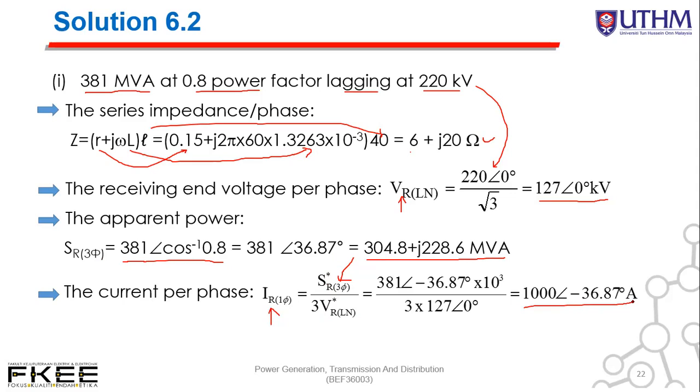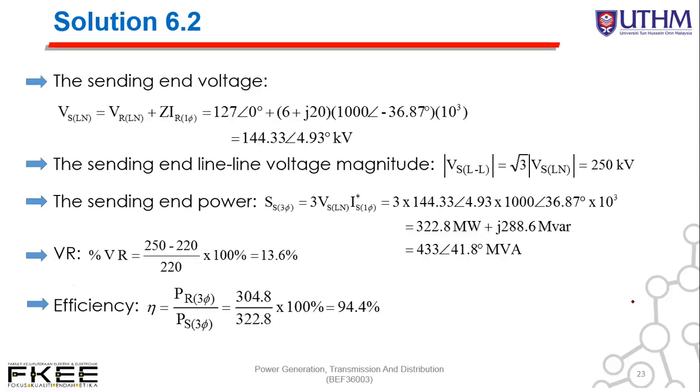Once we have the current, we can use it to calculate the sending end voltage. The sending end line to neutral single phase voltage is equal to the receiving end line to neutral single phase voltage plus impedance times the receiving current. So we got the sending end voltage equal to 144.33 kilovolt.